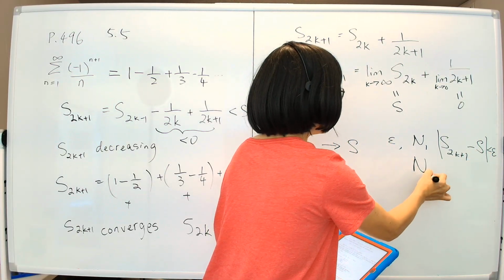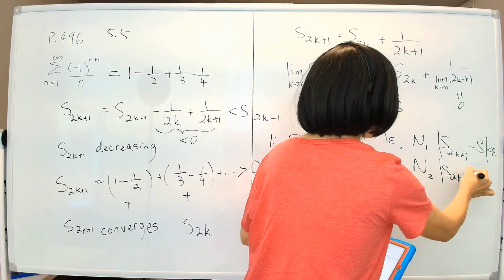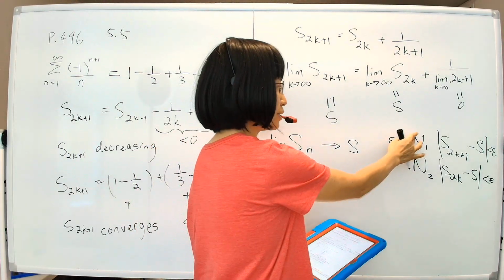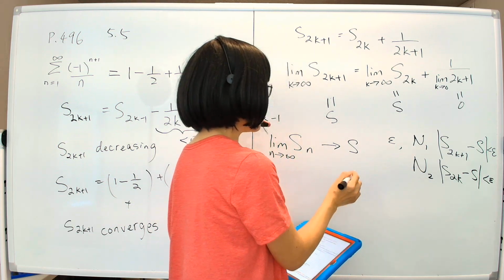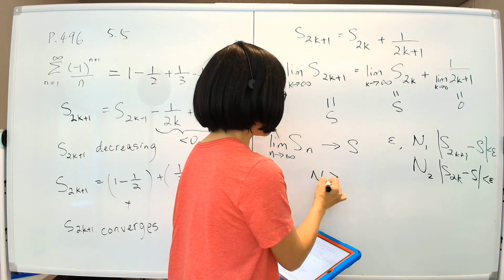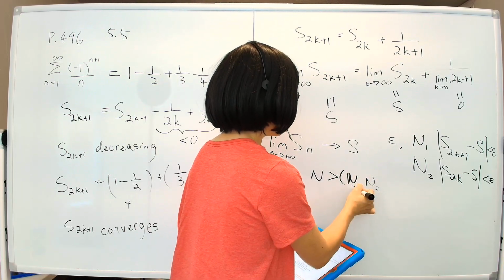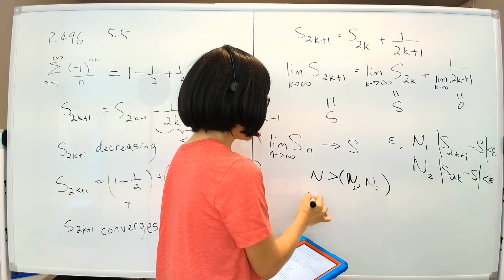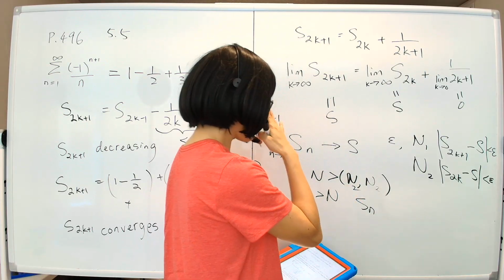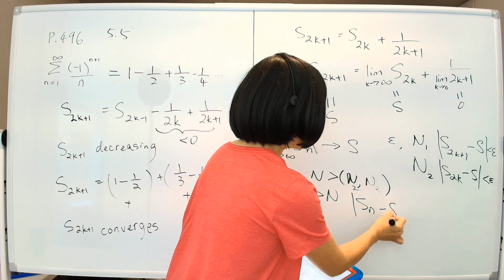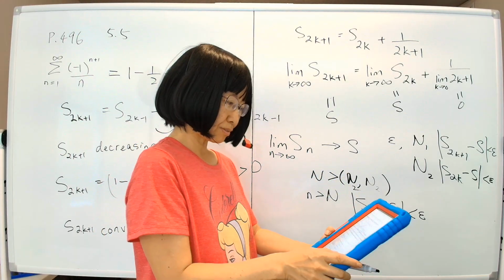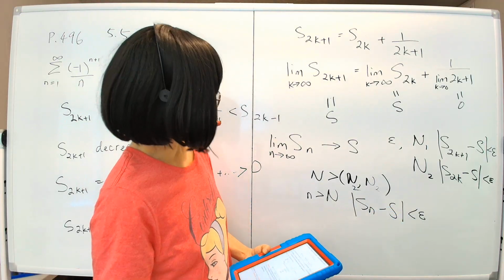Then you choose another n2 for the even sequence S2k, which is also within epsilon. For the regular sequence, you pick the bigger of the two, so if n is bigger than n1 and n2, then the sum Sn will be within epsilon of S. I think it's called a triangular argument or something. If you think about this, it'll make sense, although the book hasn't bothered to show that argument. But that should be good enough.